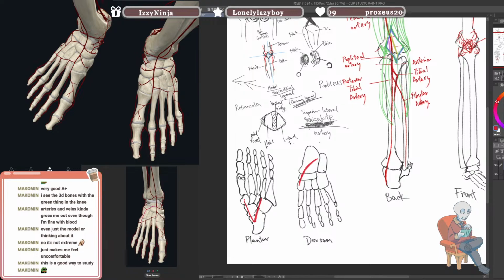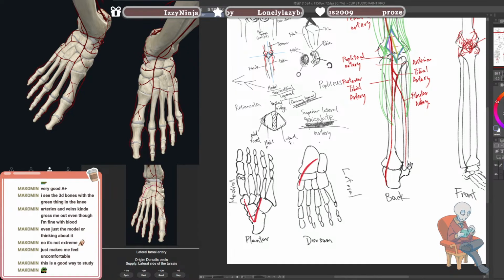So, could it be that there's also the lateral side? Could it be the lateral? Wait, let's write it. This is the medial side. This is the lateral side. And this is dorsum. Could it be the medial dorsal artery? Could it be?